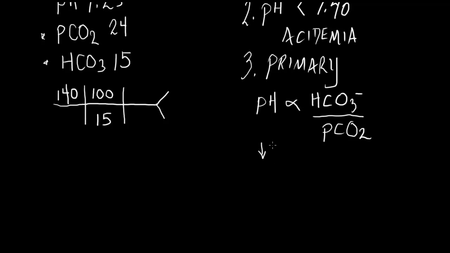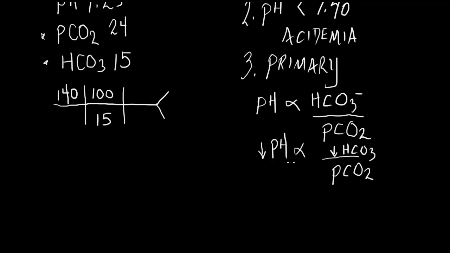It's 7.25. And if we have a low pH, we are going to have either an increase in PCO2 or a decrease in bicarb. In this particular case, we have a decrease in bicarb. Our bicarb is 15. And because we have a decrease in bicarb, the relationship makes sense.